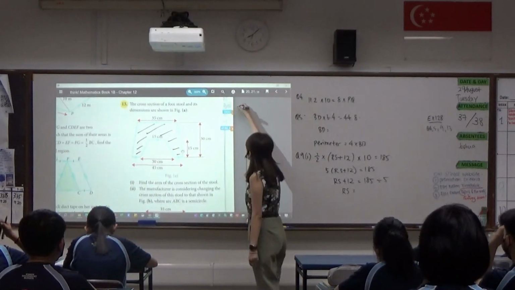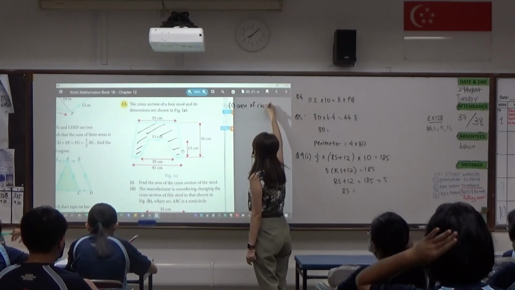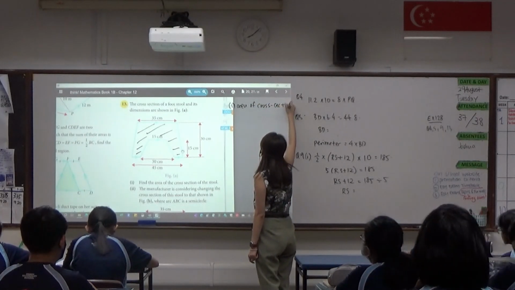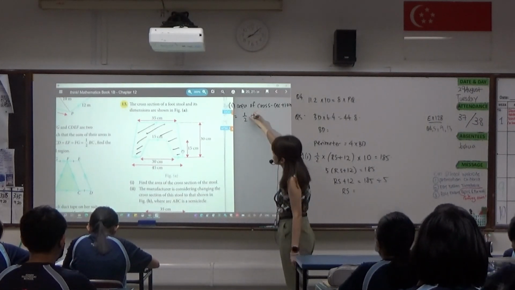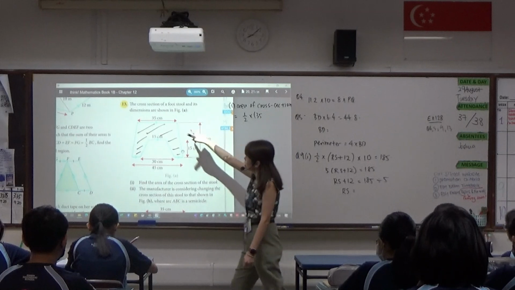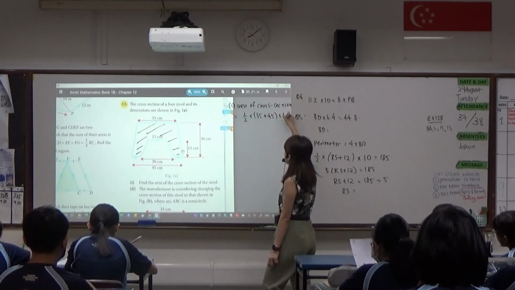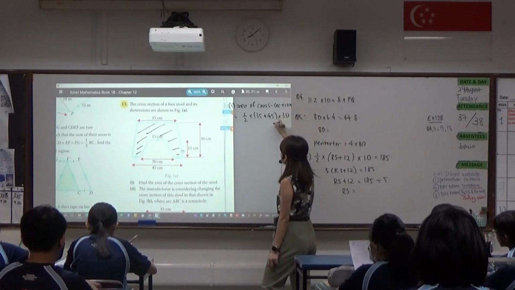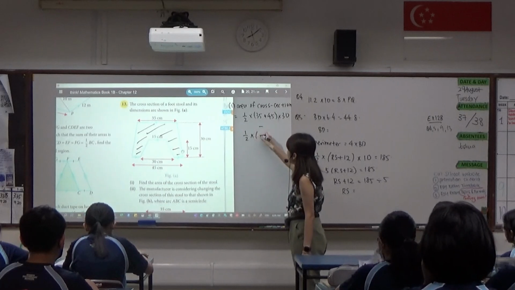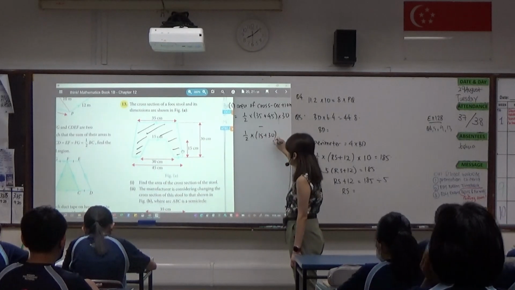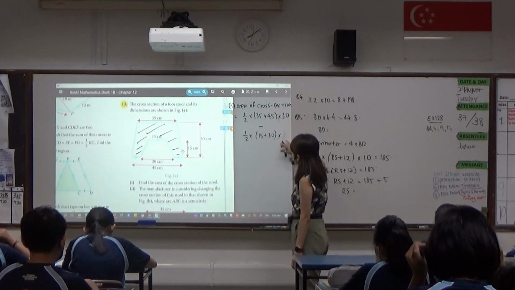Alright, so in part I, the area of the cross section will be equal to the area of the big trapezium, which is half times the sum of parallel sides 35 with 45, times the height 30, minus away the area of the smaller trapezium, which is 15 plus 30 for the sum of parallel sides, followed by the height 50.